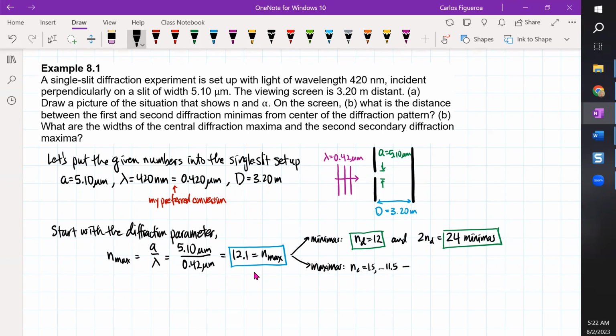So this immediately tells me that NC is now 11. And so this is going to be 1 plus 2 times NC. So that's 2 times 11, 22, plus 1. That gives me 23 maximas.